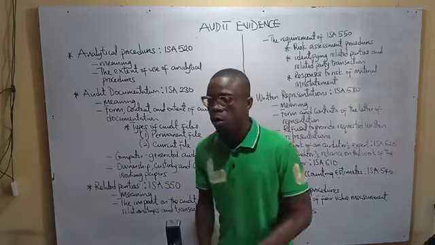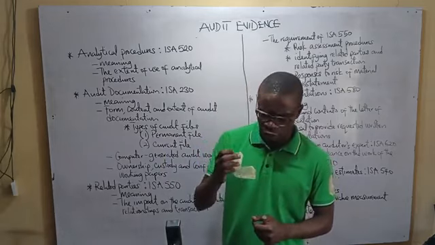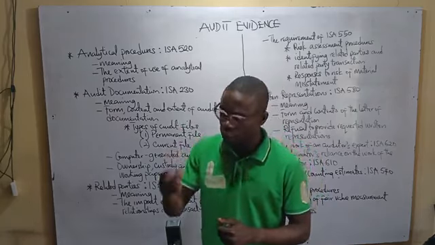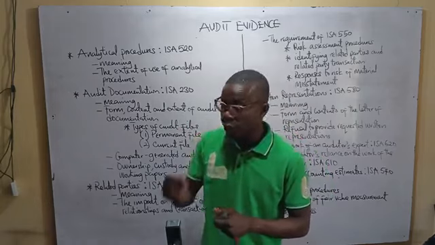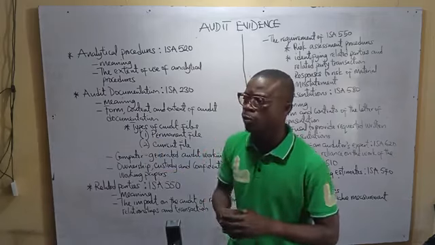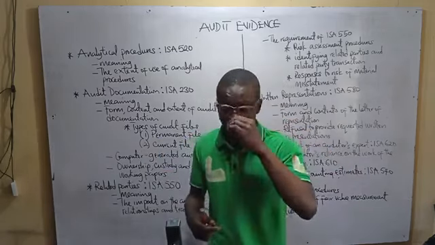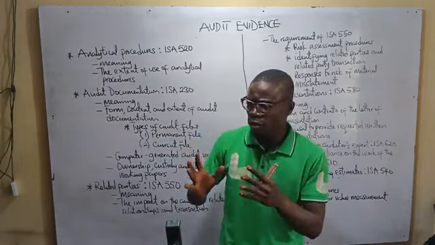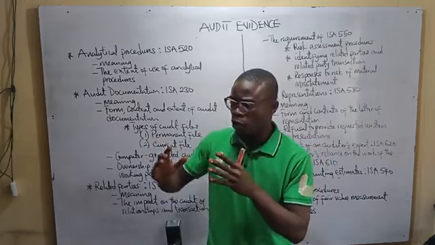Just imagine a company made 2 million in the last 2 years. They made 3 million in the last year. In the current year, when the auditor wants to audit the financial statement, the auditor discovers that they made a revenue of 200 million. Can you see? That amount is outrageous.